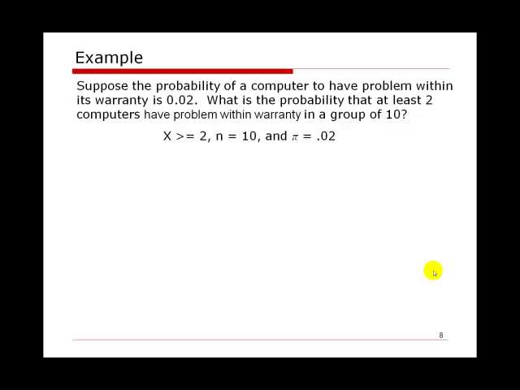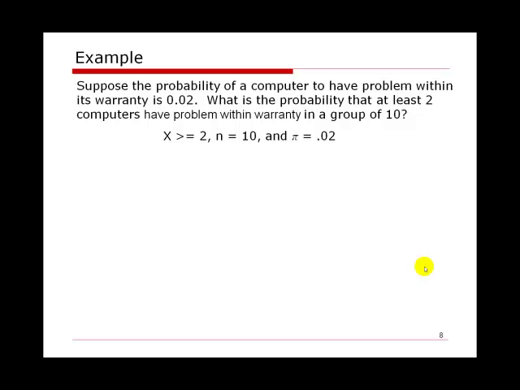Now here the probability of a computer to have problem within its warranty is 0.02, and we are looking at the probability that a certain number of computers will have problem within warranty. So the event of interest is having problem within warranty, and the probability for each individual computer is 0.02. So we have pi equals 0.02.